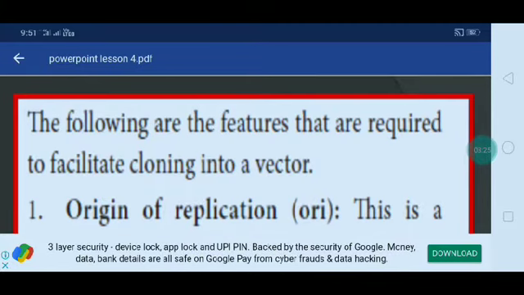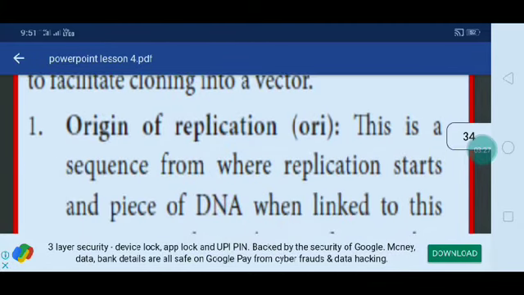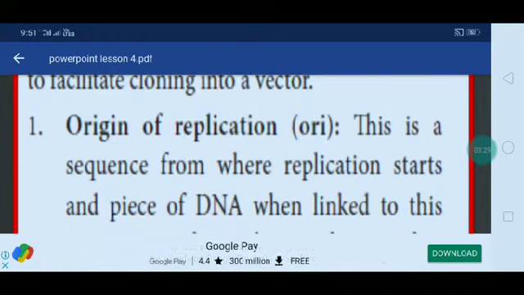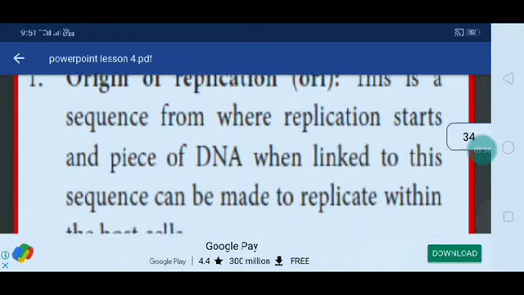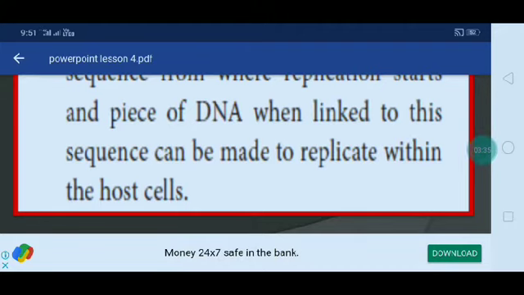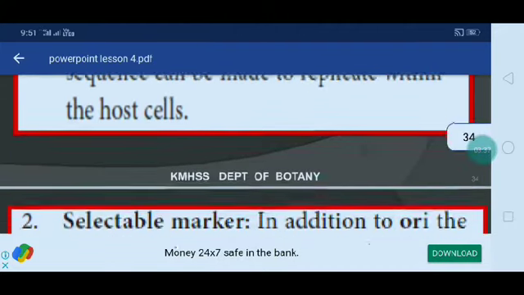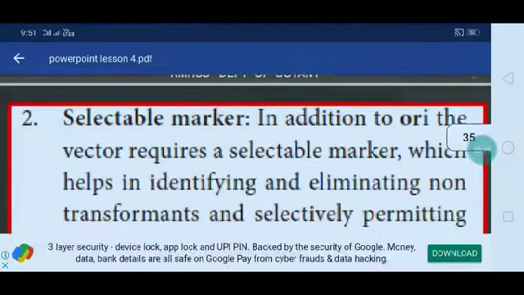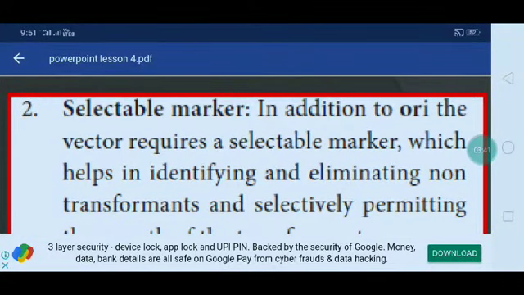These are the features required to facilitate cloning into the vector. The first one is the origin of replication, ORI. This is a sequence from where replication starts, and a piece of DNA when linked to this sequence can be made to replicate within the host cell. The next one is a suitable marker.